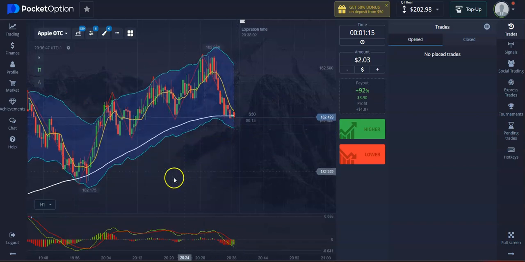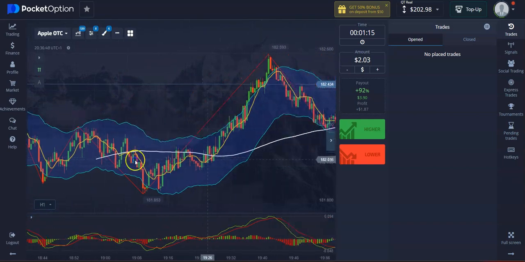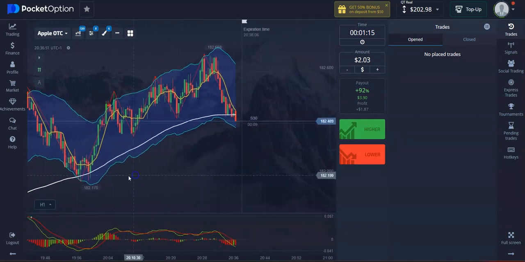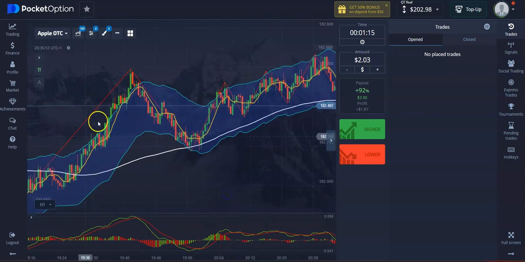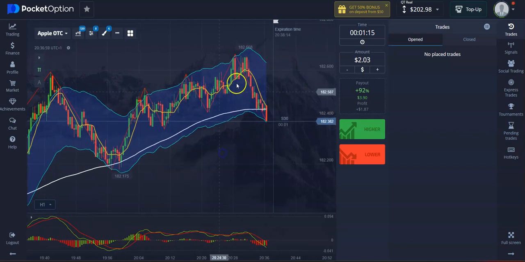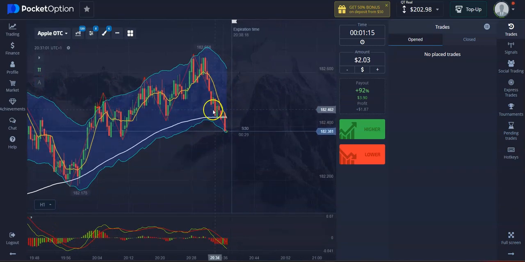What I'm looking at right now, we can see that we are clearly on the uptrend. Every time the price chart comes over here to the 100 EMA, it tests it out and goes back up. Now it seems like it's going to break below.